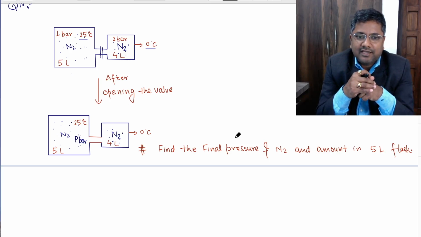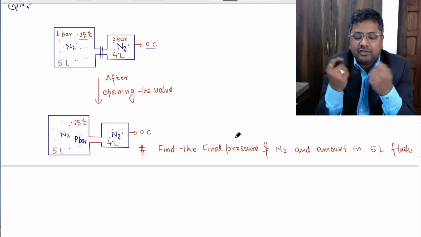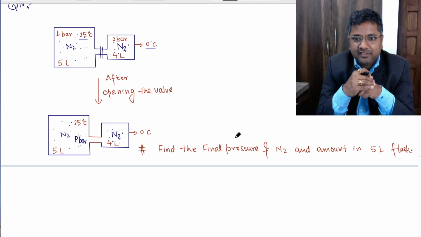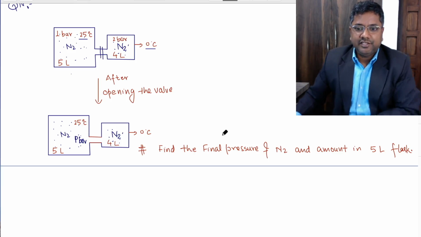The moles of gas will change only when you add some moles to the system or remove some moles from the system. Otherwise, moles will not change except in a chemical reaction. So here there is no chemical reaction, no cleavage of any intermolecular bonds. There is no question of a change in the number of moles.